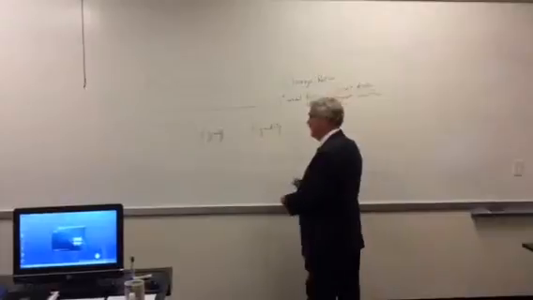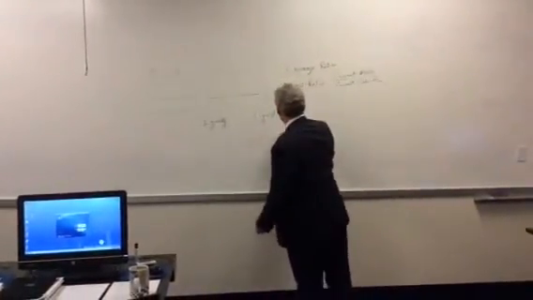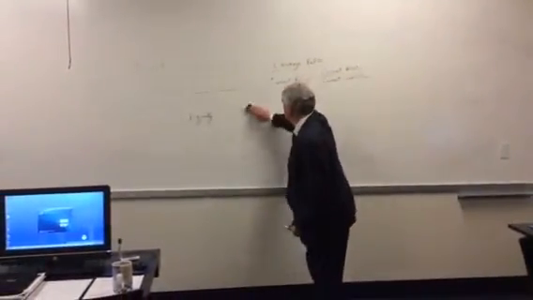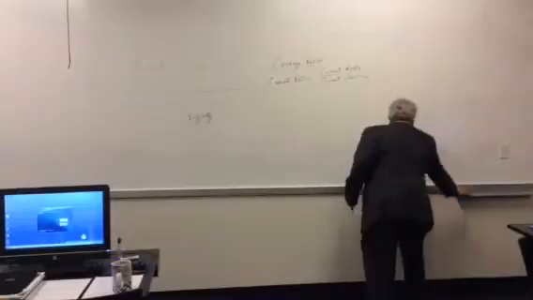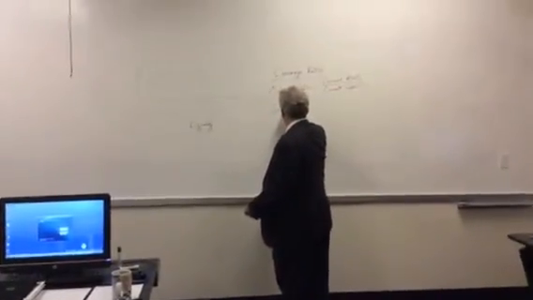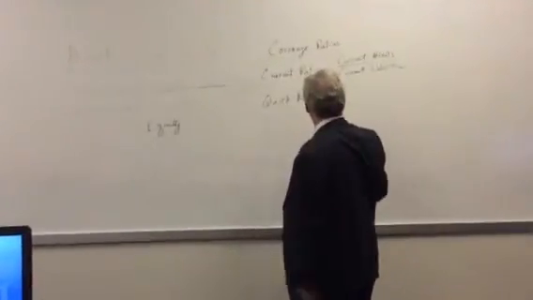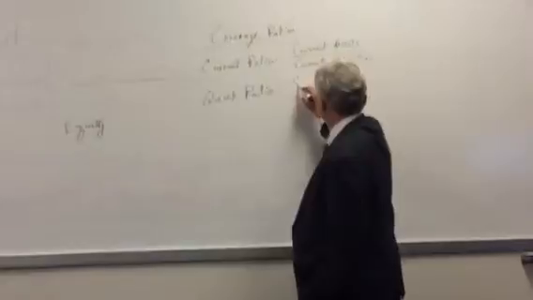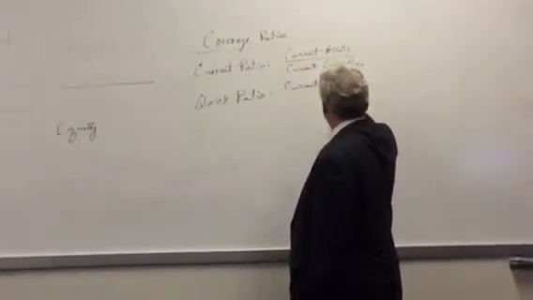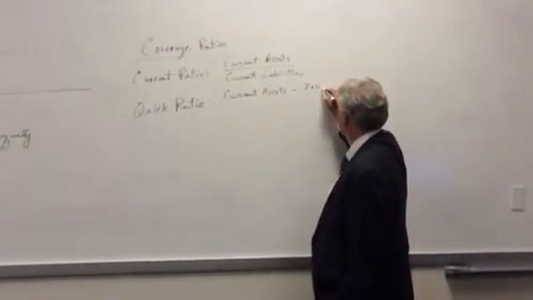So, the next ratio that we're going to talk about is called the quick ratio, which is the same, but it subtracts out inventory.